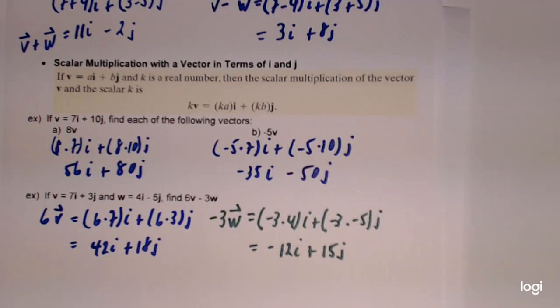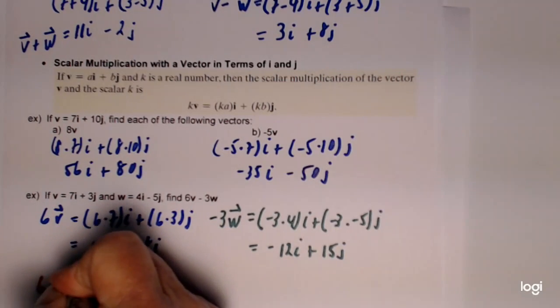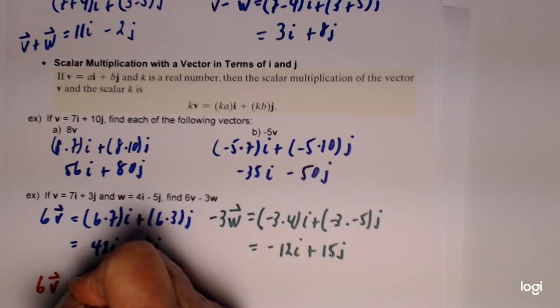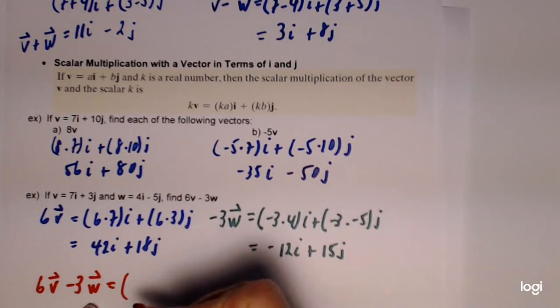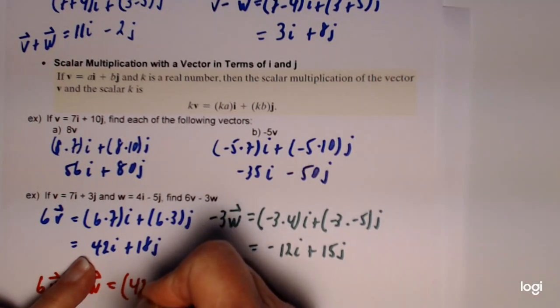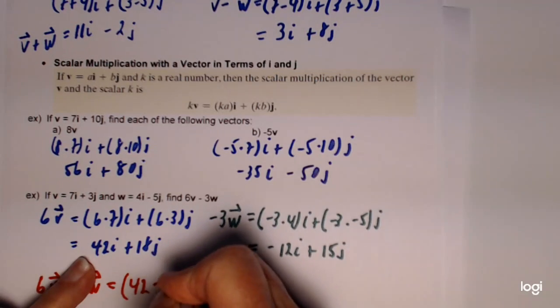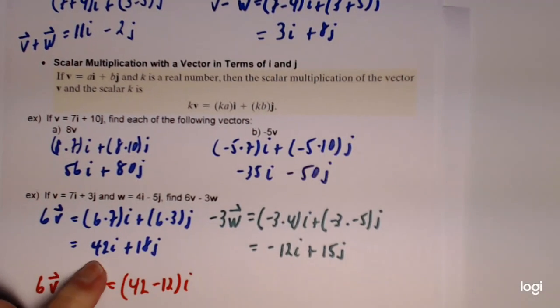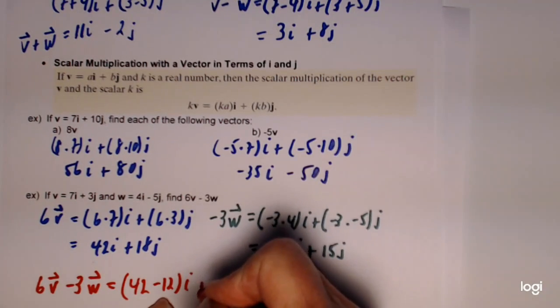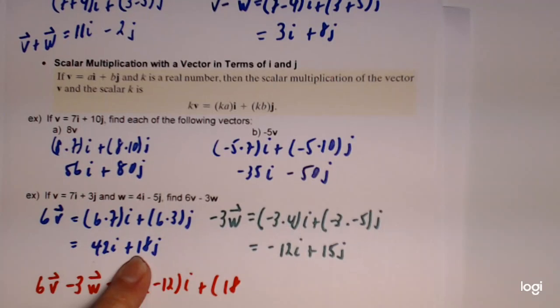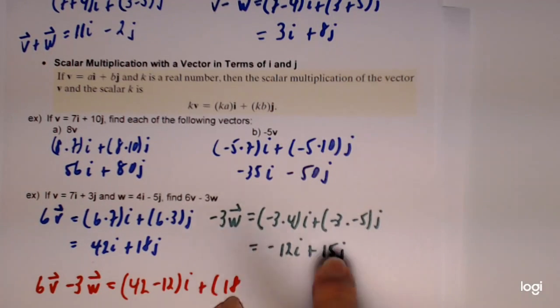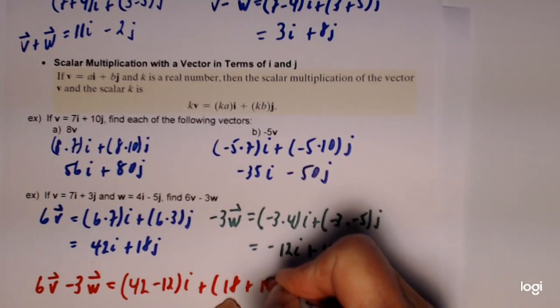So when we put these together now, our 6 vector v minus 3 vector w is going to be 42 minus 12i, so the 42 and the -12 in front of our i's, and then we have 18 from this vector, and we have 15 from this vector.